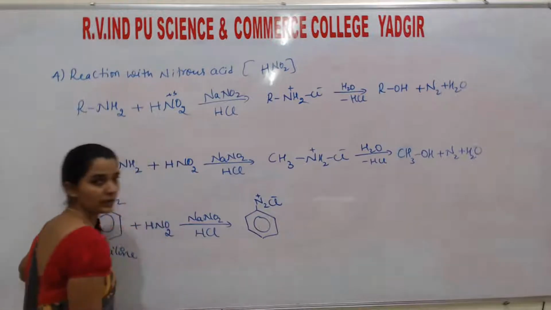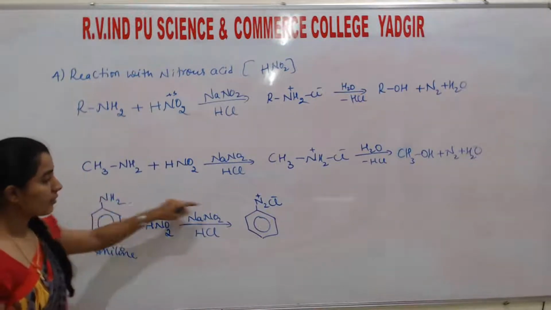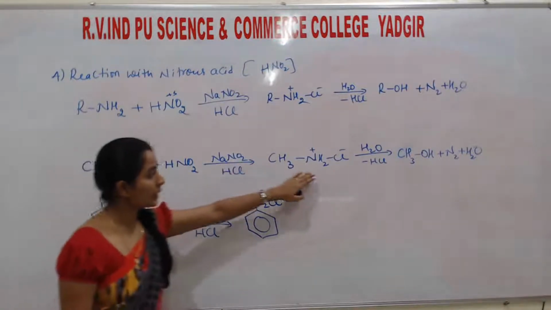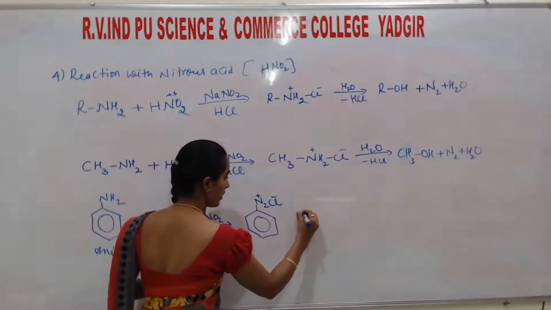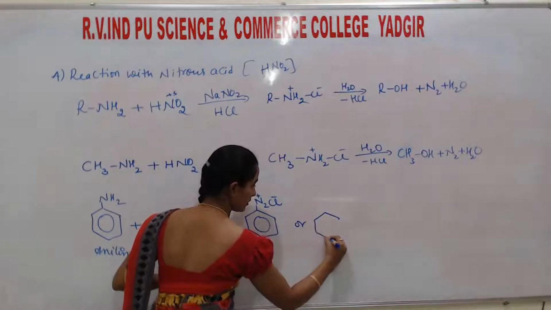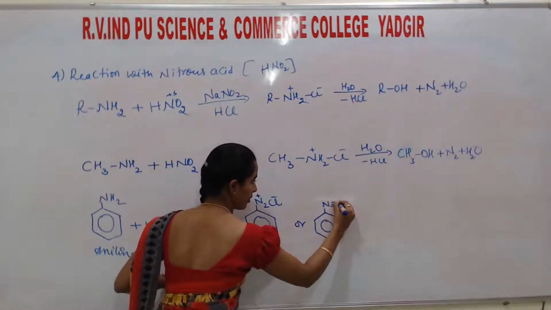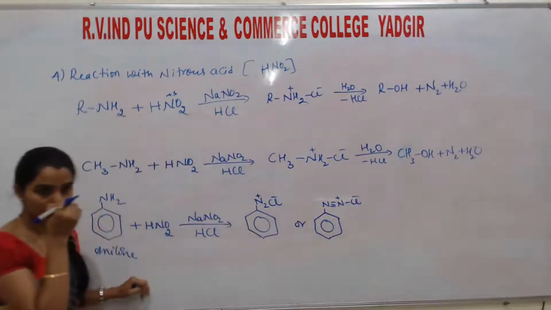This is plus, this is minus. Here aromatic amines form N2+Cl-. Okay, so this N2 I will write here; the structure is also written as N triple bond N plus Cl minus.